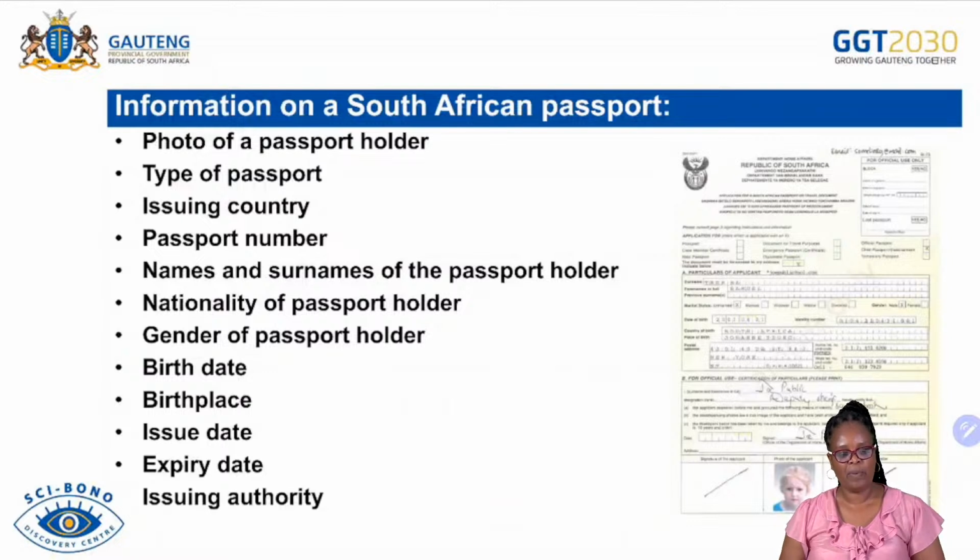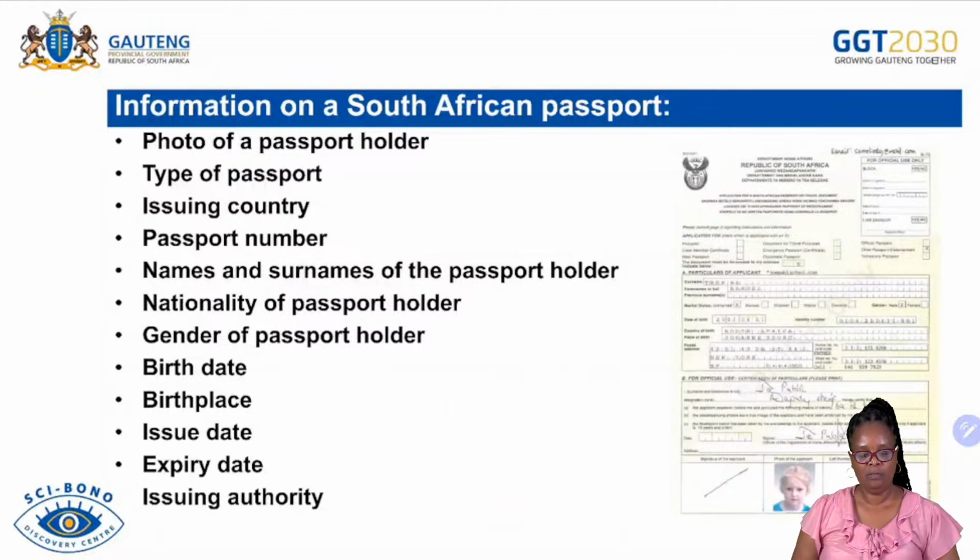First, the photo of the passport holder, because they need to know who you are, so the photo will show your face. Second is the type of passport. Like I said, we have different types of passport, so you have to know which one you are applying for. Then the issuing country, the country from which you are taking your passport.